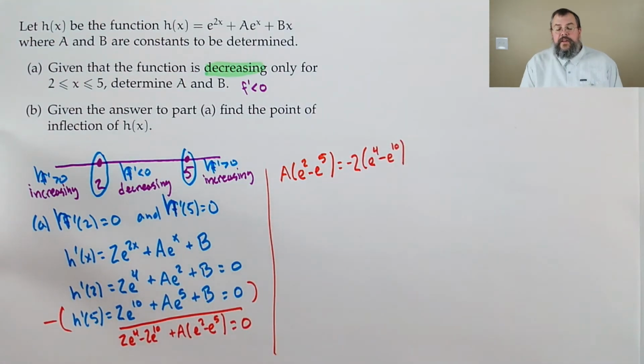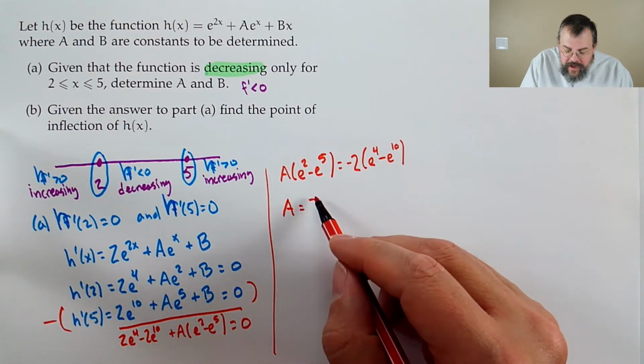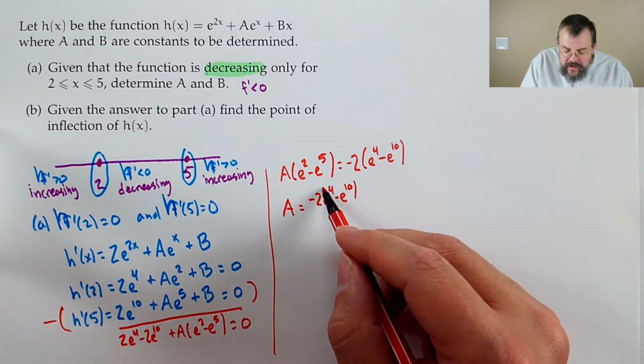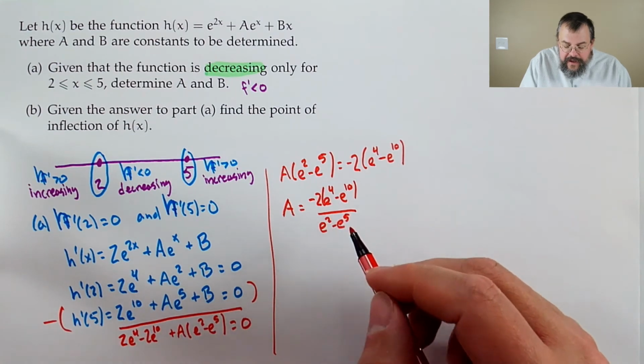Now, at this point, you might say, okay, we'll divide. And at this point, we're going to divide. Good, see, you're getting it. Ha! You knew what to do. All right, so minus 2, e to the 4th minus e to the 10th. Divide that by e squared minus e to the 5th.